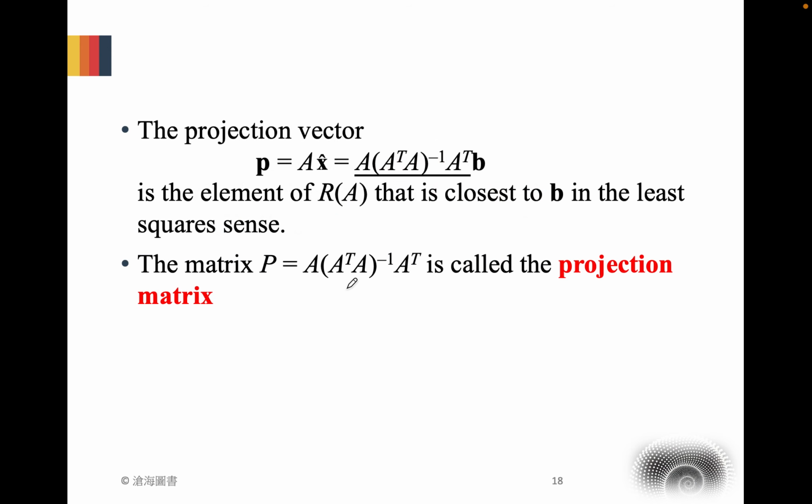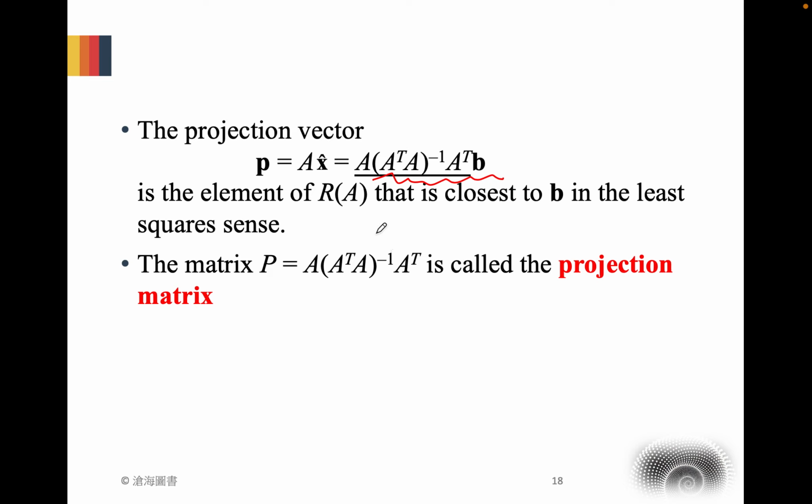Okay? So the least square solution is, we can write down the formula. And the projection vector P is equal to A times x hat. And this is x hat. So we pre-multiply the matrix A. Okay? And the projection vector is the element in the column space of A that is closest to b in the least square sense.